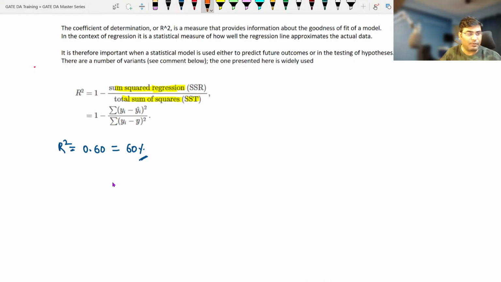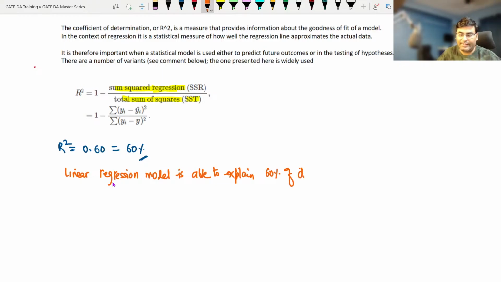It means, guys, that a linear regression model or least square line model is able to explain 60% of the data set variability, which is y, with the help of variation in x.